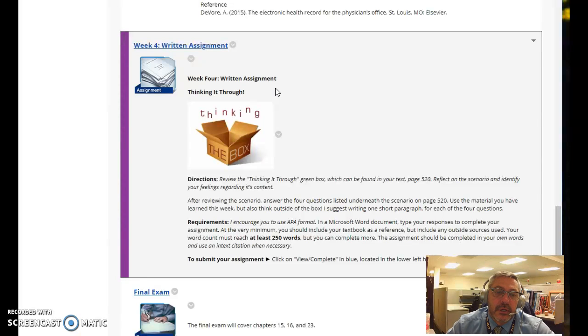So what you'll be doing is you will review the Thinking It Through green box within your textbook on page 520 and read that scenario, and then at the end there's 4 questions that the Thinking It Through exercise asks. You need to answer those questions and try to take it from your reading, reference it back to your reading for the week. That tells me that you've read it, you understand it, and that you can incorporate it into a real life situation.